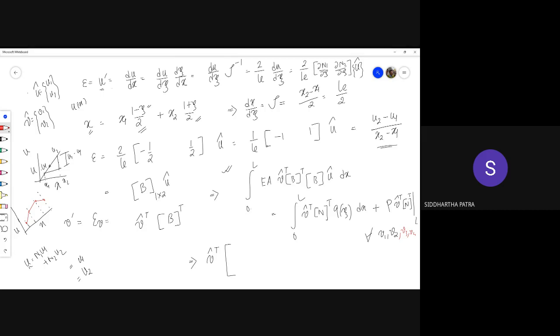And then think of this in another way. Currently, we are trying to solve for this vector u hat using the arbitrariness of another vector v hat.